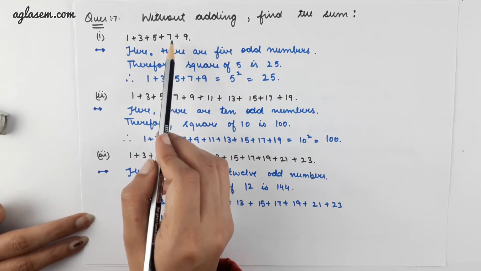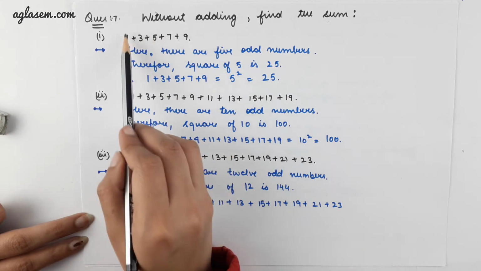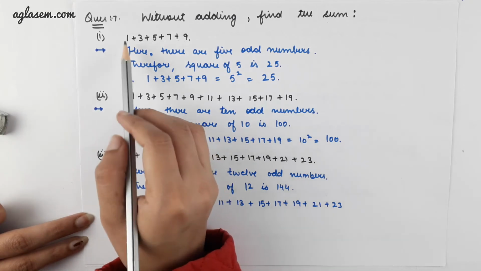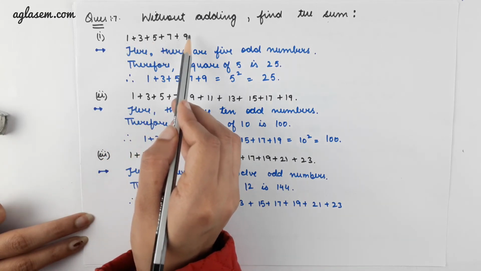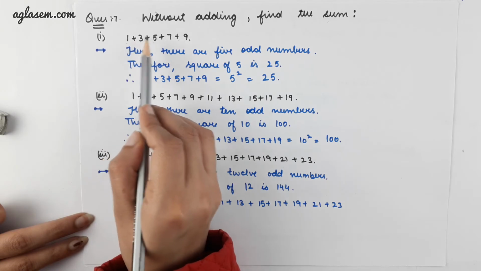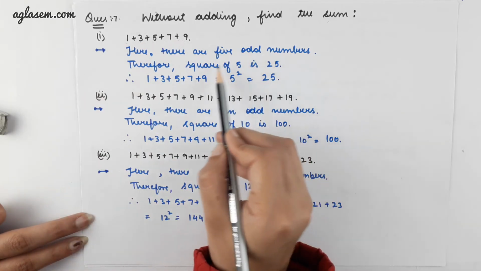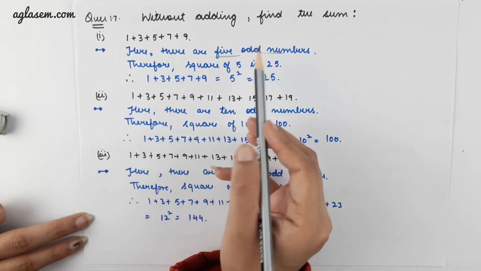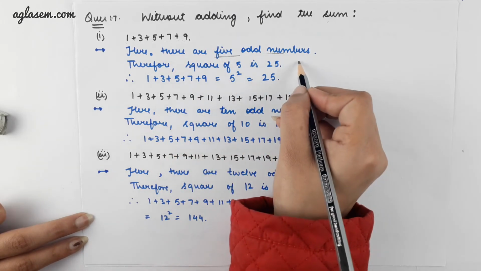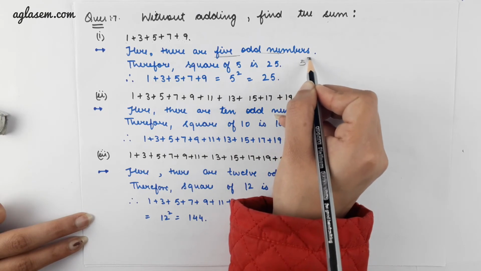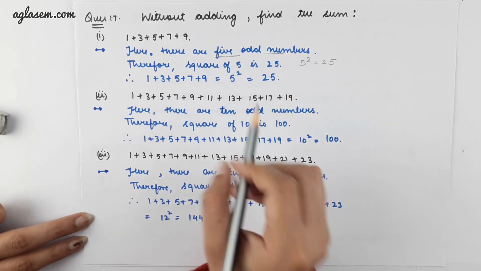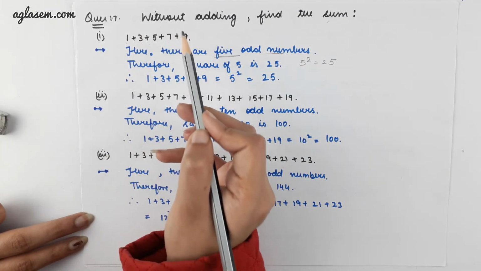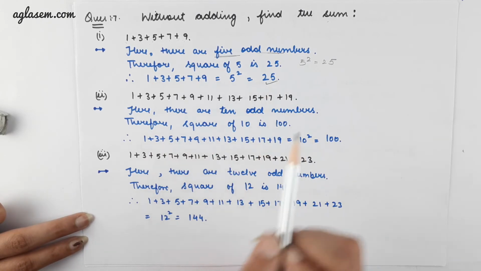For such questions, we count the number of odd numbers present, that is 1, 2, 3, 4, 5. 5 odd numbers are there. To find the sum, we will square this count, that is 5 square, which is 25. Therefore the sum of 1 plus 3 plus 5 plus 7 plus 9 is 25.